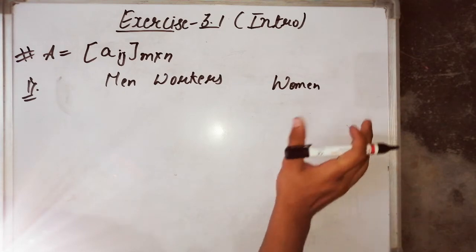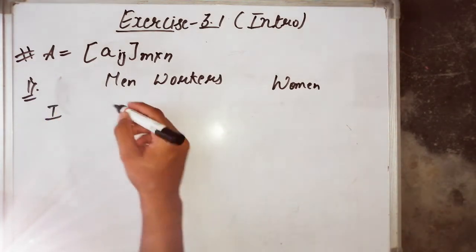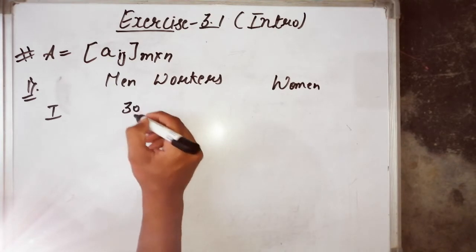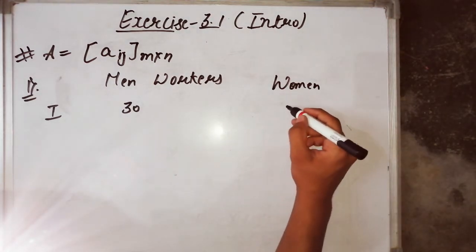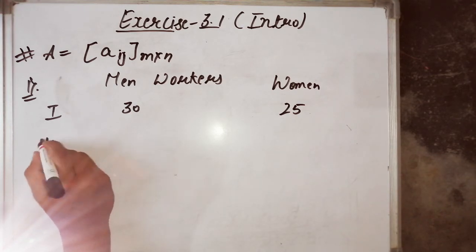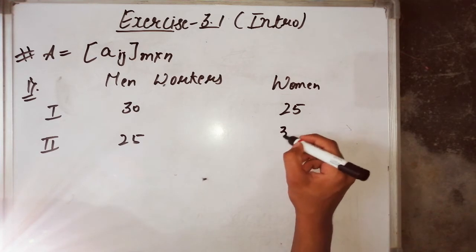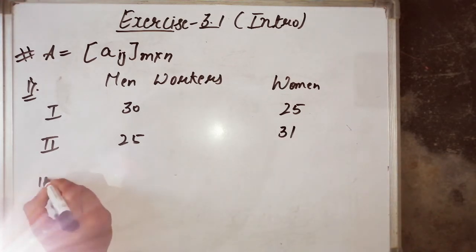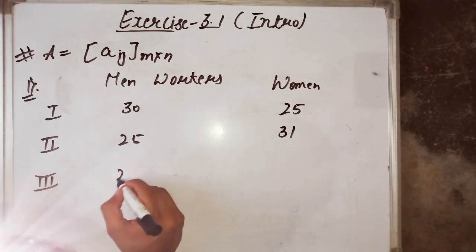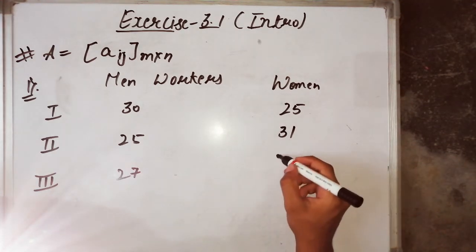In the first factory, the number of men workers employed is 30 and women workers employed is 25, and in the second factory, 25 men and 31 women, and in the third and last factory, 27 men and 26 women workers.